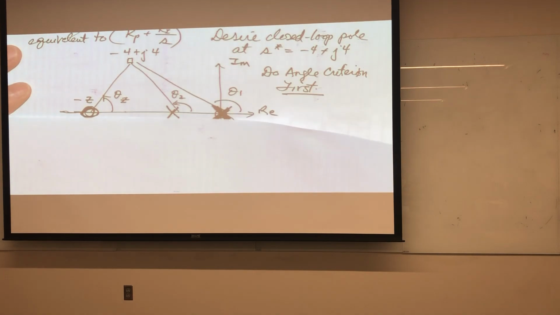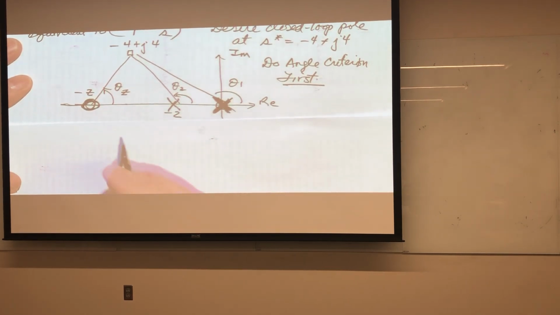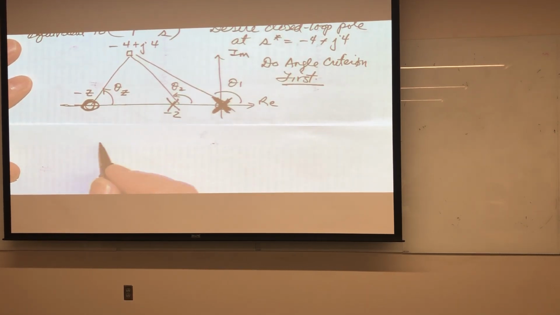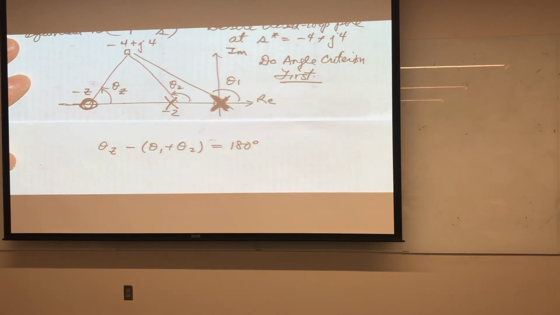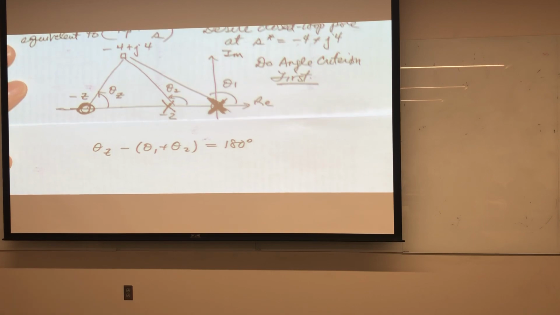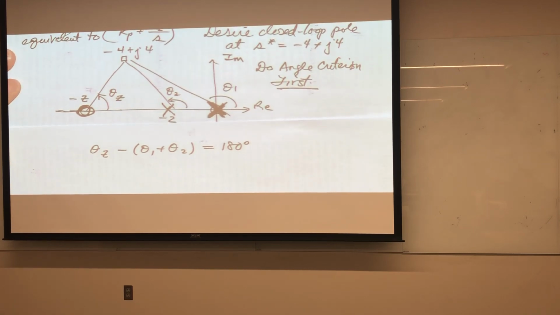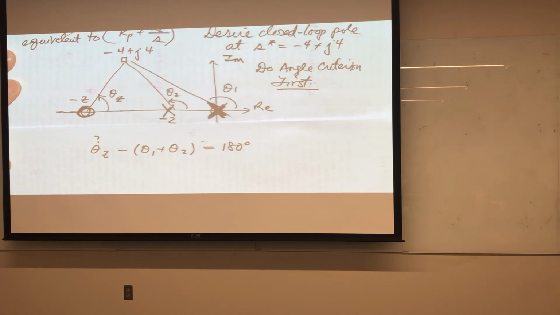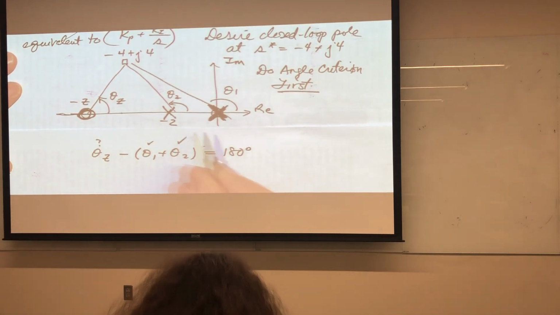So if we're doing it by geometry, what we're saying is that theta Z minus (theta 1 plus theta 2) has to equal 180 degrees. That's the geometry we have to work out. This is unknown, but we should be able to figure out what theta 1 and theta 2 are.